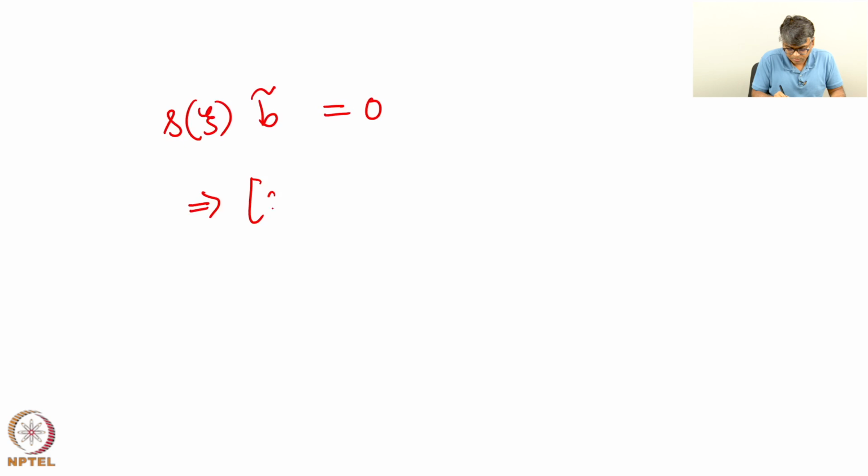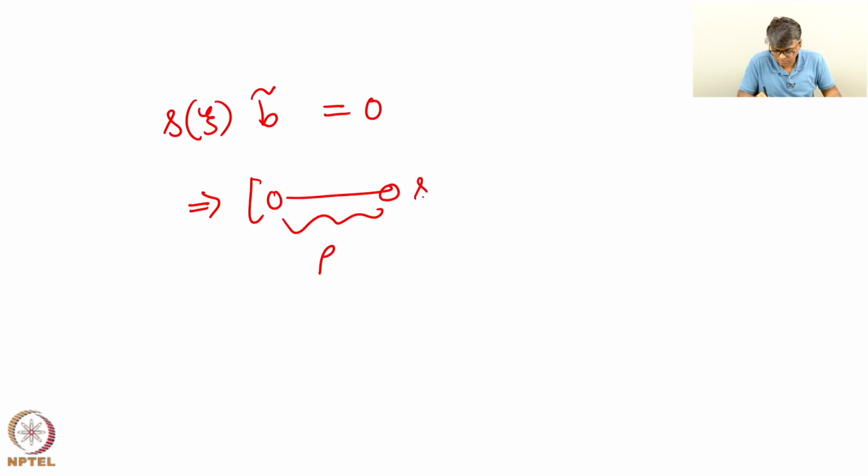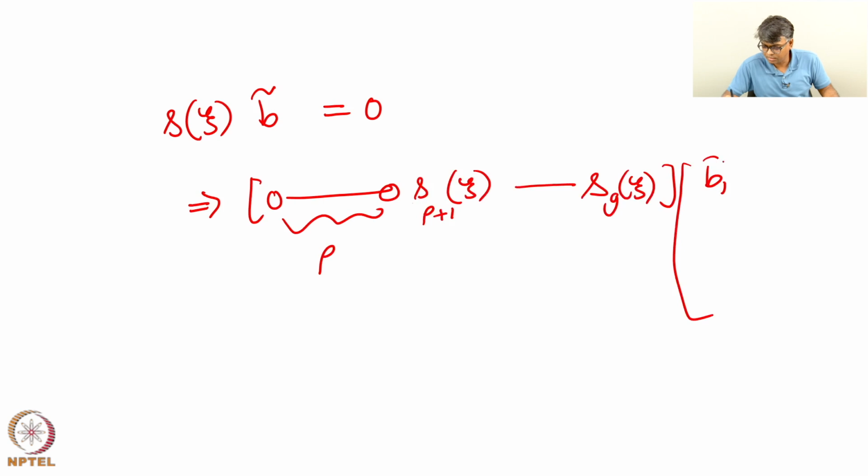So if S xi B tilde is equal to 0, that means 0 up to rho number of such zeros, then rho plus 1 xi dot dot dot up to SG xi, that acting on b tilde 1 dot dot dot up to b tilde g, this is equal to 0, correct?